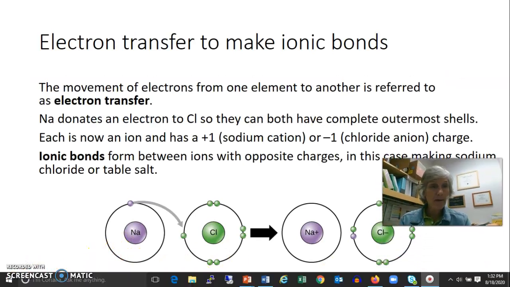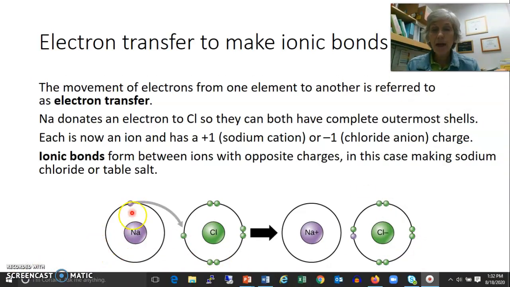So here we have a sodium ion. You can see this is just the valence shell, that outermost, third shell. The atomic number for sodium is 11, so that third electron shell has only a single electron. Well, it can lose an electron pretty easily and still be pretty happy because it's still got 10 here.